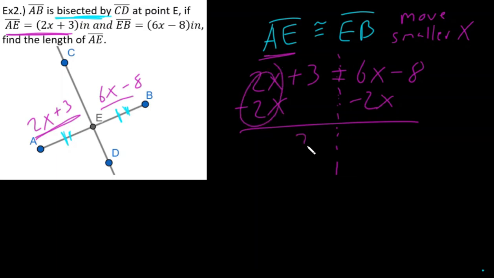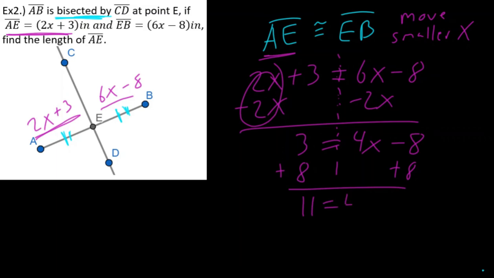So we have a 0 pair, and we would say 3 is equal to 6x minus 2x, which is 4x minus 8. Now, how can we get rid of a minus 8? Well, of course, we would plus 8 and plus 8, and 3 plus 8 would, of course, give us 11 is equal to 4x.